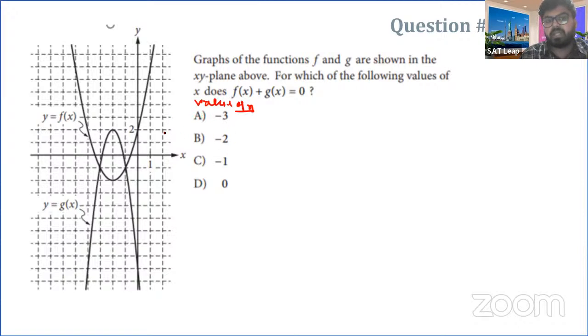Let's say I start from option B. When x is -2, who is going to tell me the value of f of -2? If you take x as -2, from the graph, what is the value of f of -2? This point is the origin. Origin means 0, 0. So we are talking about f of -2. This is -1, this is -2. So f of -2, what is the value?